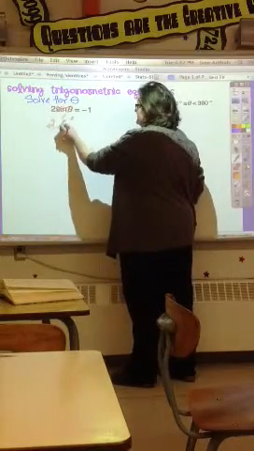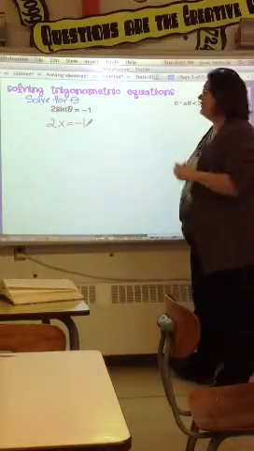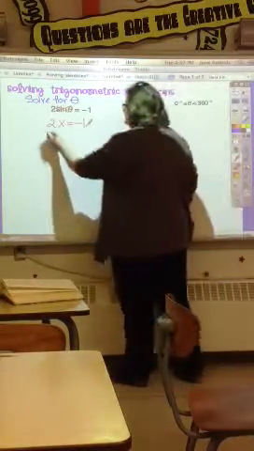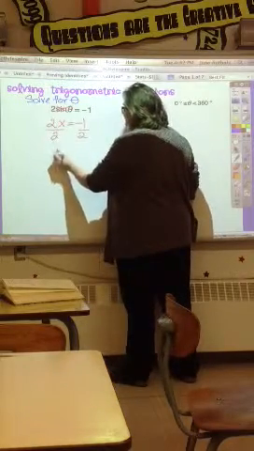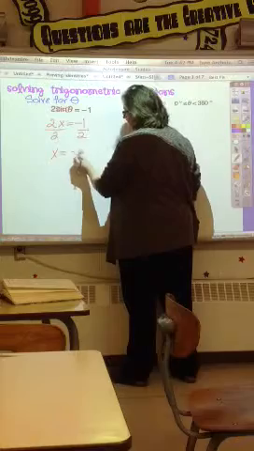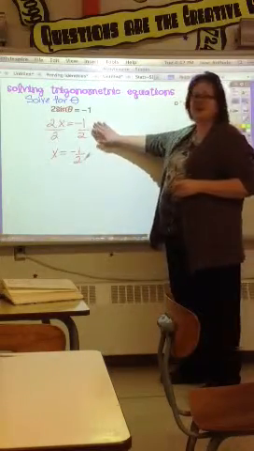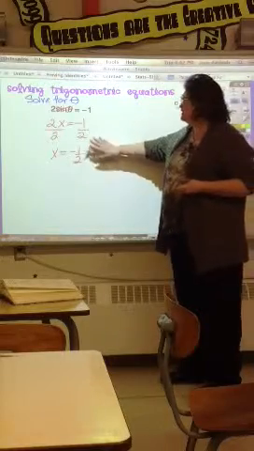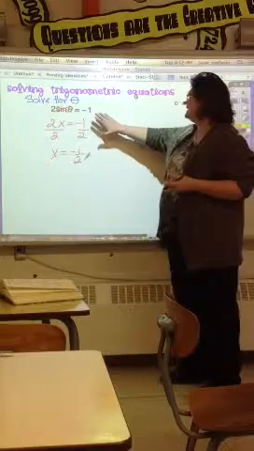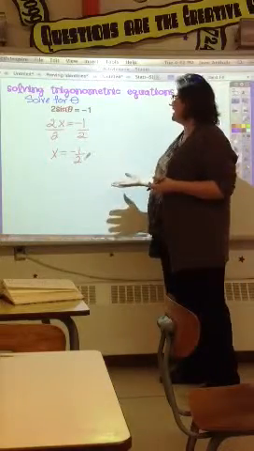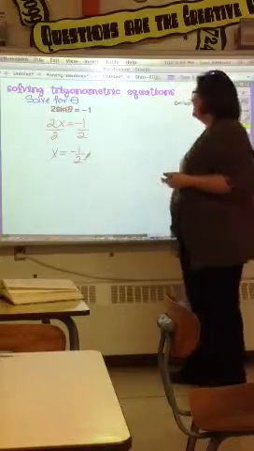If you were to solve the equation 2x equals negative 1, your next step would be to divide by 2, and you would know that x is equal to negative 1/2. Looking through that process, I know I haven't done anything that could cause extraneous roots, so that would be my solution. I could always plug it back in and double check that it satisfies the equation. Quick and simple, there we go.